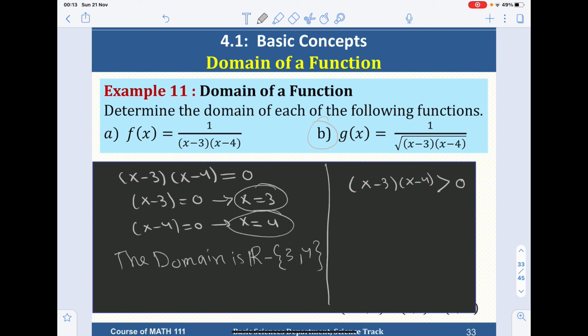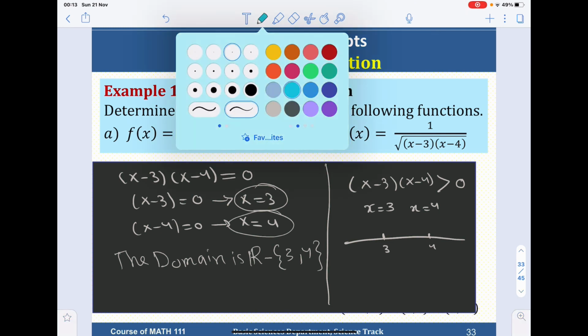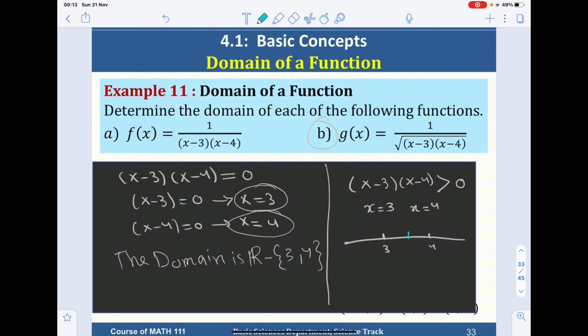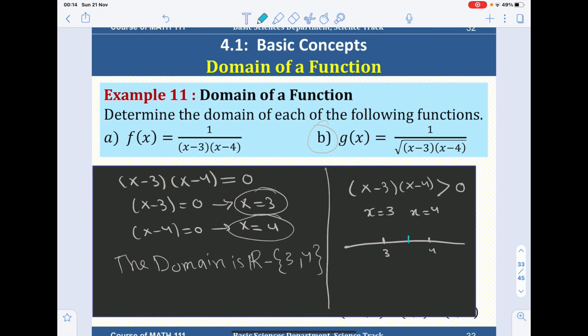So now I solve this. As you remember, we solved this by finding the zeros. I have two zeros here, when x equals 3 and when x equals 4. So in the number line, I have 3 and 4. Then I will test the sign through the intervals that I have by picking values. For example, I'm going to pick 3.5, a number between 3 and 4, here I can pick 5, and here I can pick -5.